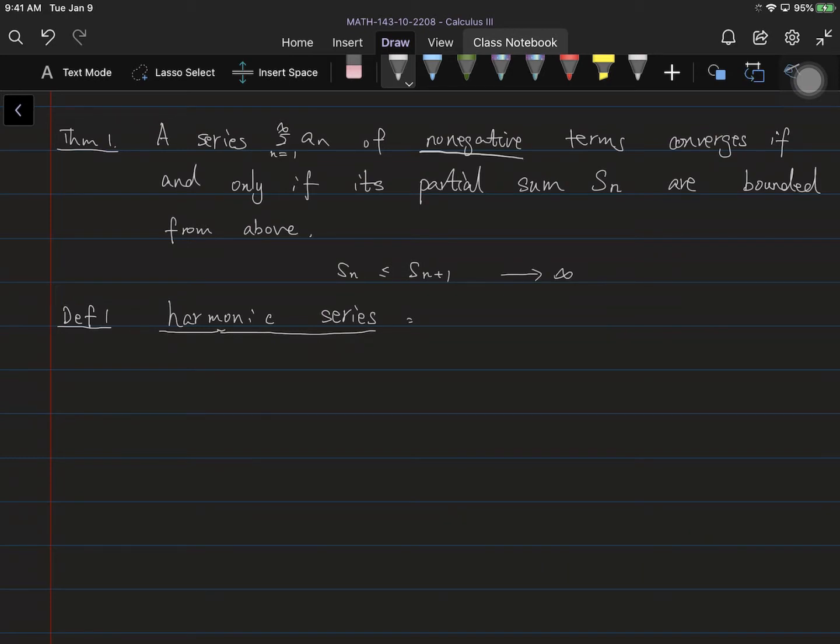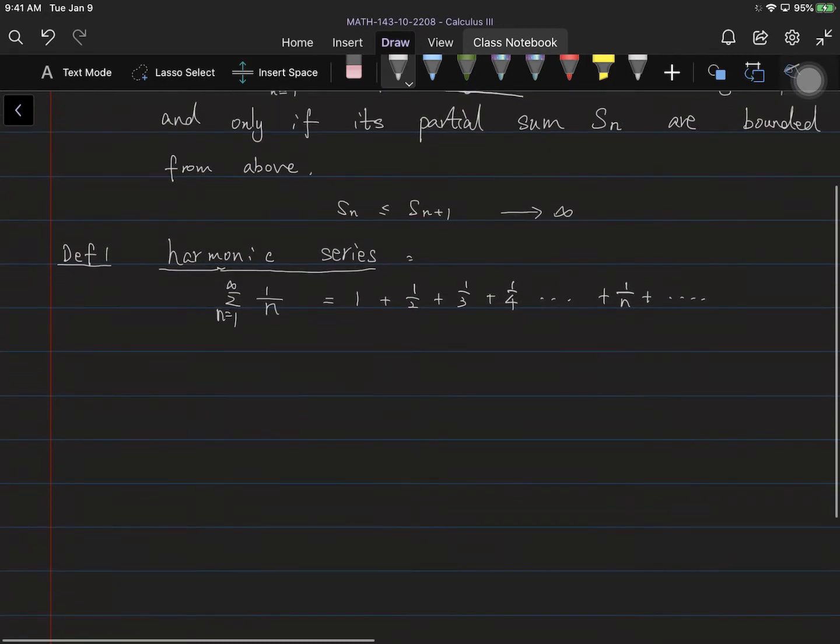The harmonic series is given by the sum of 1 over n. If we write this out, it looks like this: 1 plus 1/2, 1/3, and so on, plus 1 over n, and so on. Does this converge or diverge?